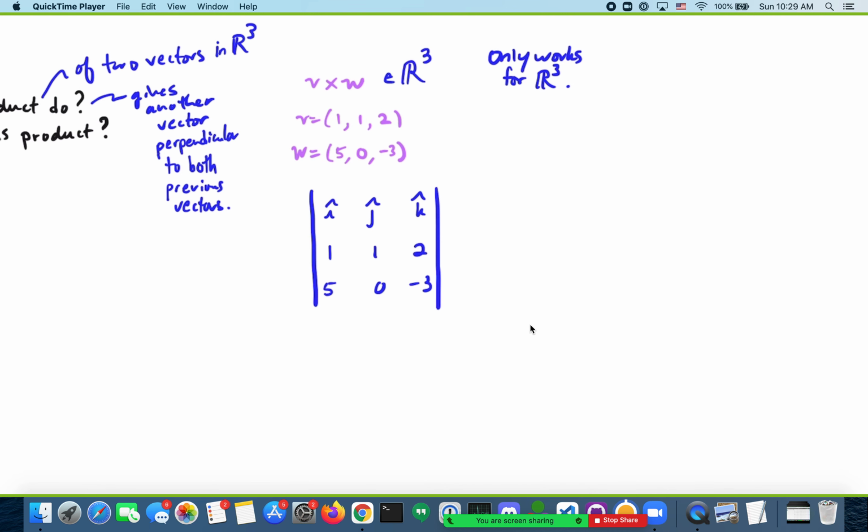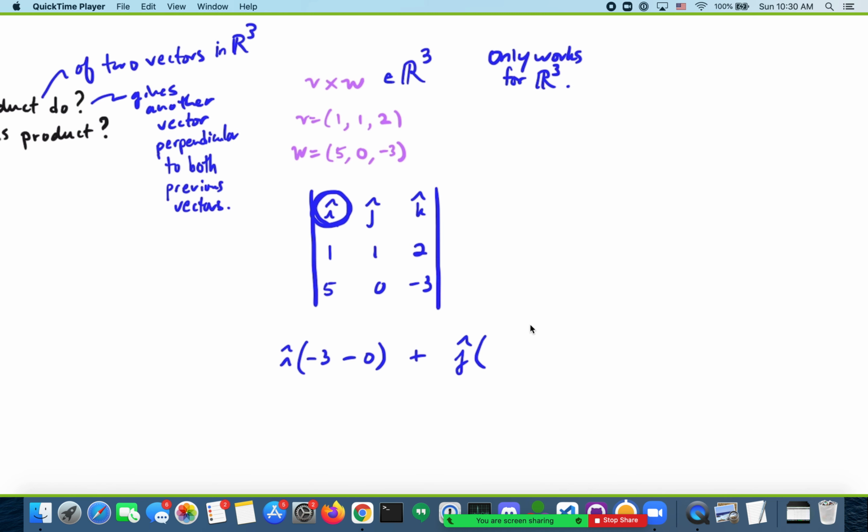So a determinant has 6 terms, but one way to organize them is look at the i hat term and see that it'll come here with a plus and here with a minus. So what we'll have is i hat times 1 times minus 3 minus 0 times 2. Then we'll have j hat times, and j hat will get these two with a plus and these two with a minus.